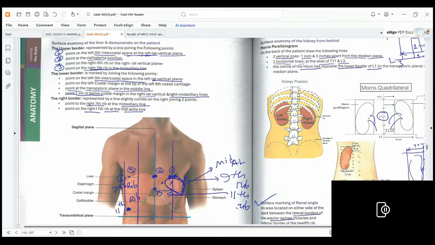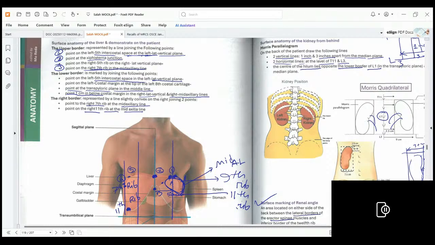Then the lower border. First point in the left fifth intercostal space, mid-clavicular line. Second point in the midline at the transpyloric plane level, which will be at lumbar one.